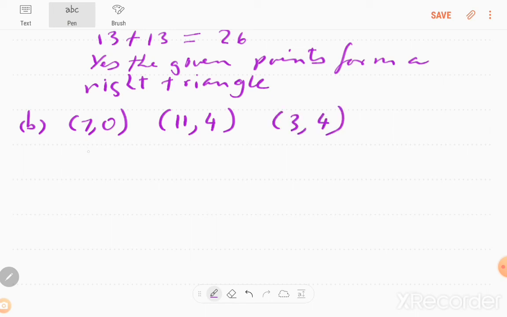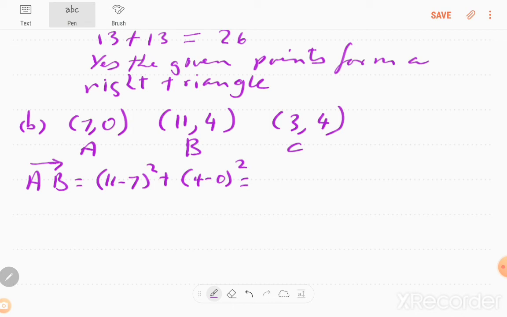Okay, so arbitrarily labeling them A, B, and C, we can do A to B, which would be the difference between the x values, 11 minus 7 squared, plus the difference in the y values, 4 minus 0 squared. So this is 4 squared plus 4 squared, so 16 plus 16, this is equal to 32.